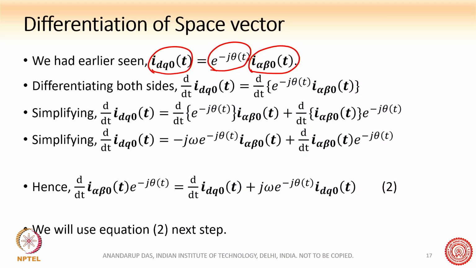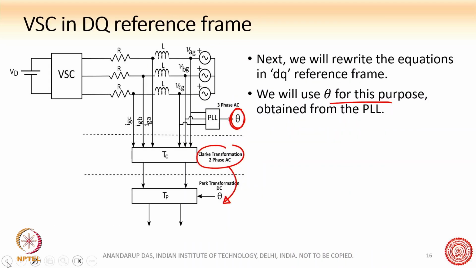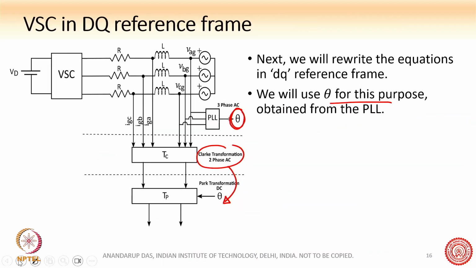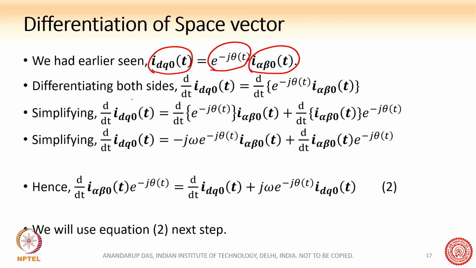So we can do the same thing for this equation. This is the space vector equation in the alpha beta reference frame. We are just doing some mathematics here.